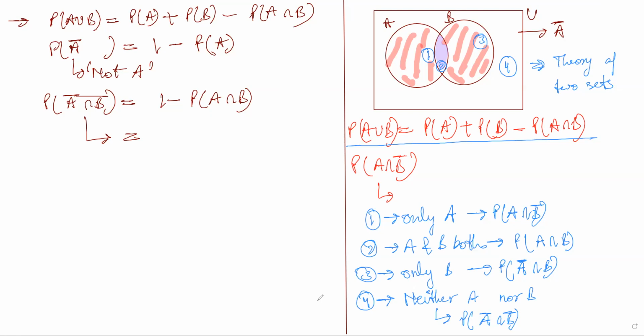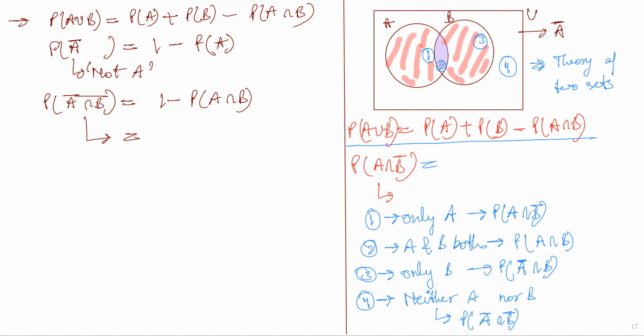So if you talk about probability of A intersection B complement, it means that we want to find out the probability of only A. Now, can you figure out from this Venn diagram, this portion is 1, right? This is the first portion. If we write probability of A intersection B complement, this is the first portion.